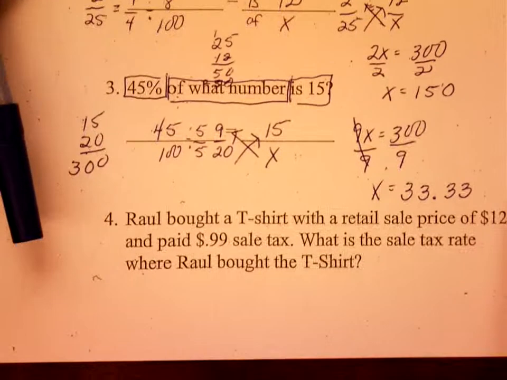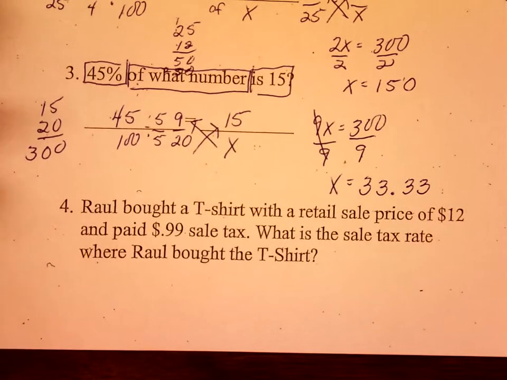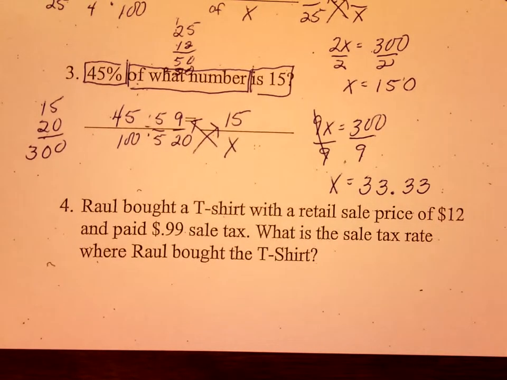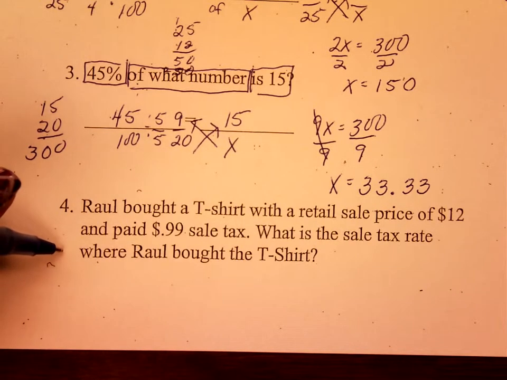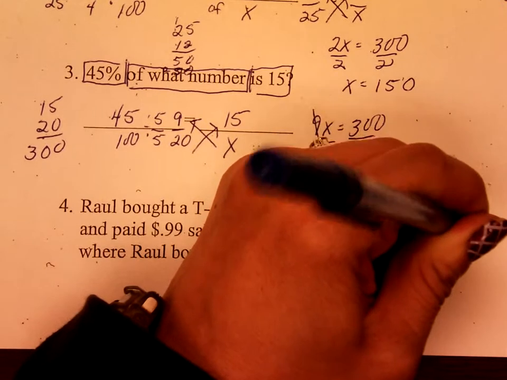Okay, here's your word problem. Raul bought a t-shirt with a retail sale price of $12 and paid 99-cent sales tax. What is the sales tax rate where Raul bought the t-shirt? Sales tax rate is asking for your percent.